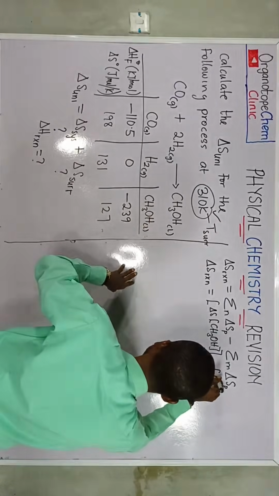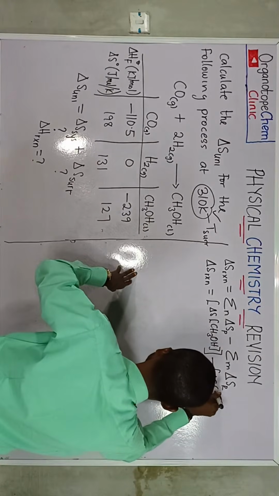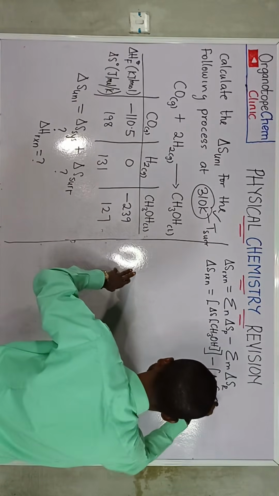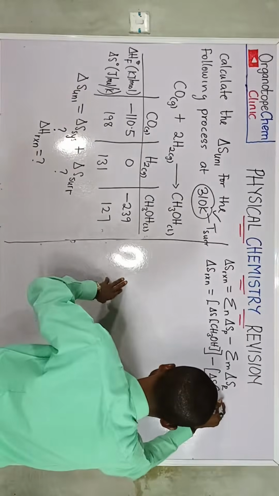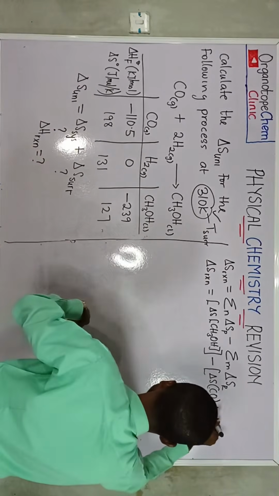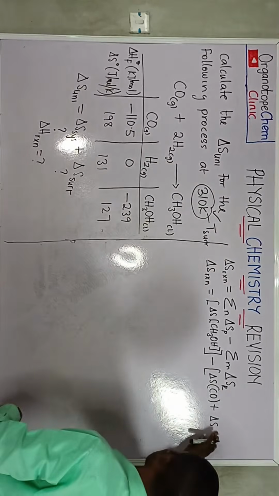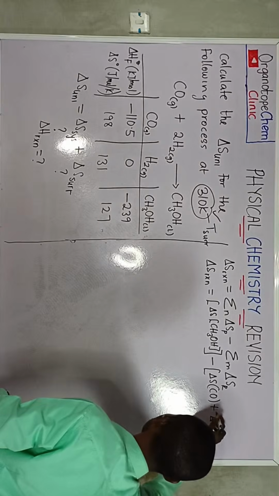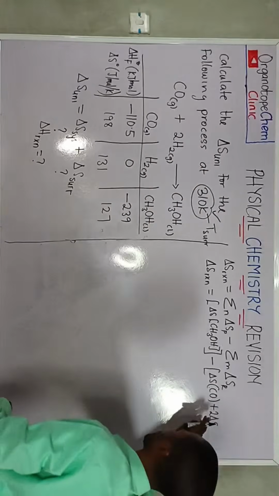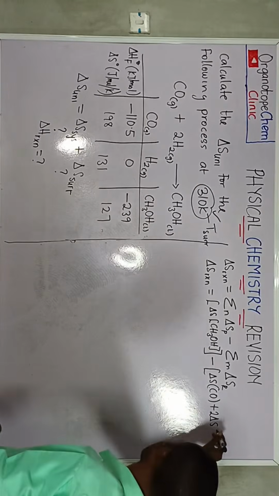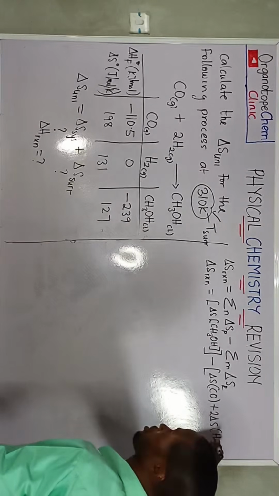The first reactant there is CO. Plus delta S of what? We have a coefficient there, so it will be 2 delta S of hydrogen.